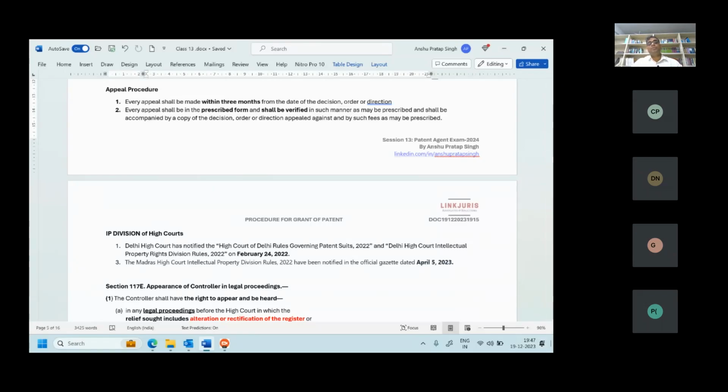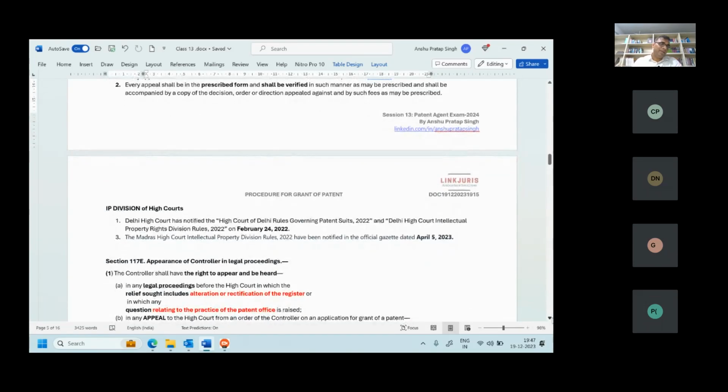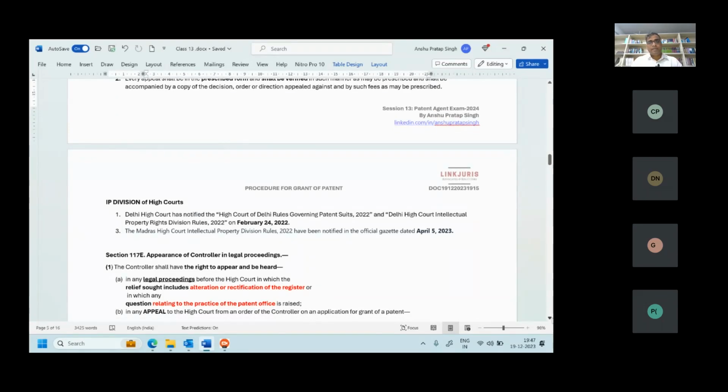So in these 2 places, IP division is working as per these rules. In other high courts, also IP division is working, but under the general rules of their high court. No specific rule has been passed till date, as per my knowledge. If you find that there is any other rule formulated by either Mumbai or Kolkata, please update us.